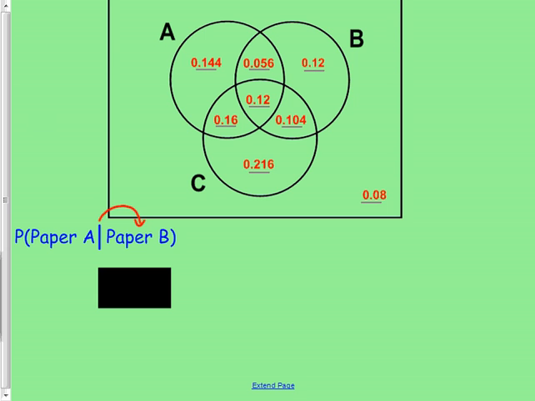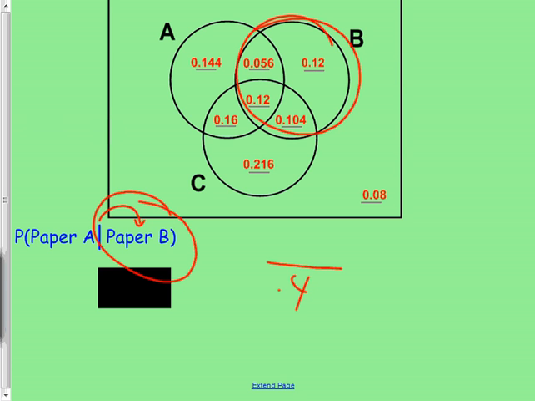Probability that they get paper A. I'll pause for a second. Compare it to the kid sitting next to you when you've got it. Okay. Paper B was the given. That means all of these added up on the bottom. Somebody already has that. What is it? 0.4. Thank you.